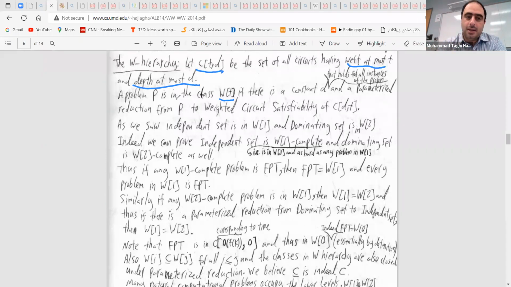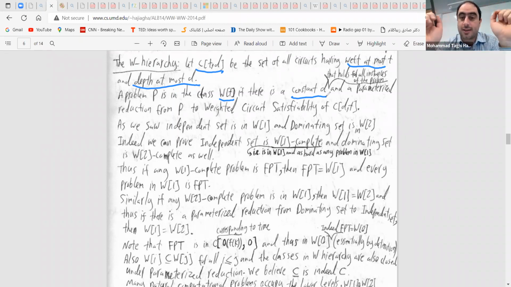Now, a problem is in the class WT if there is a constant D, so that it holds for all input instances. For example, for dominating set the depth was 2, and for independent set it was depth 3. As long as the depth is constant, we don't care.